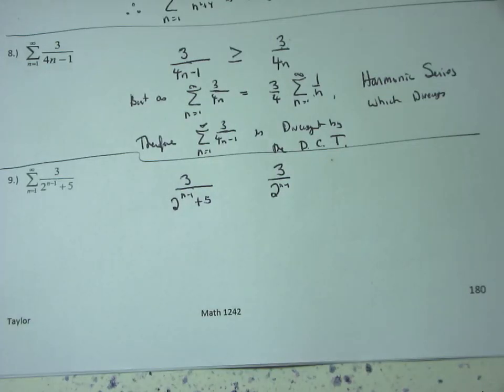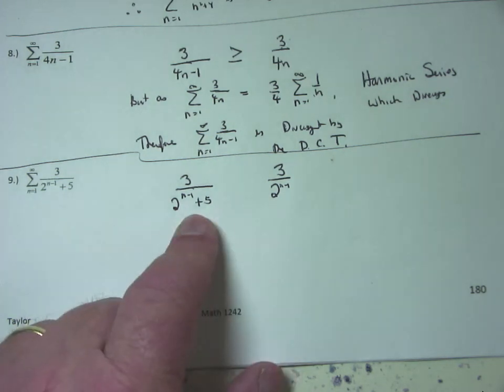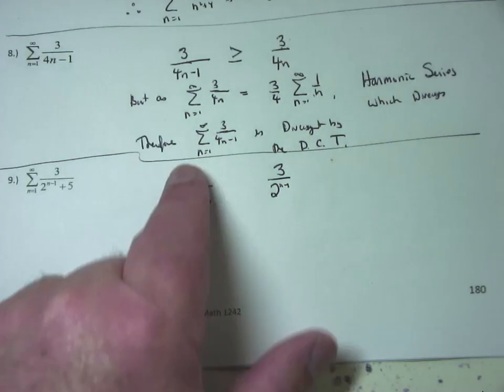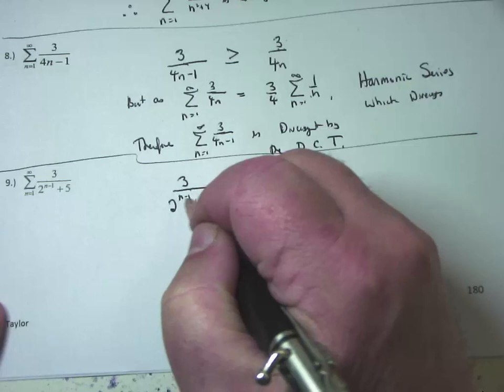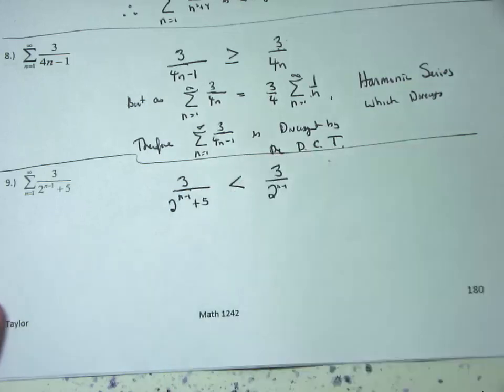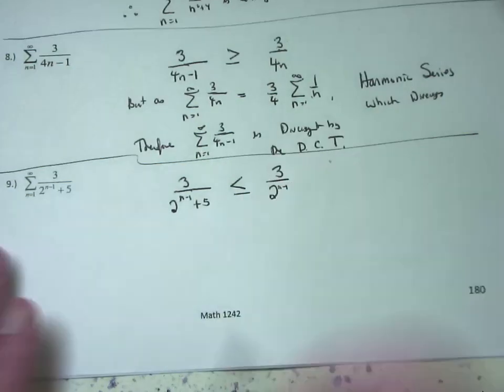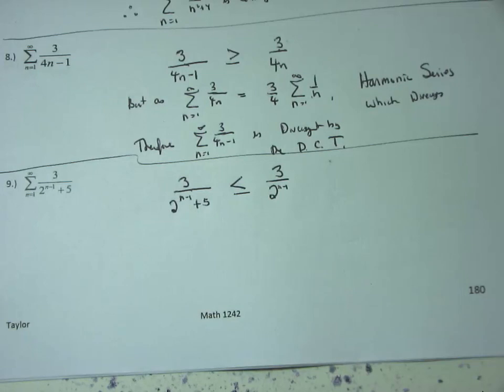So I'm trying to get rid of them. What's the relationship between these two guys? Well, I added 5 to the denominator, which made the denominator bigger, but this overall fraction would be what? Smaller. This 3 over 2 to the n minus 1 plus 5 is actually less than or equal to, all we care about, 3 over 2 to the n minus 1.